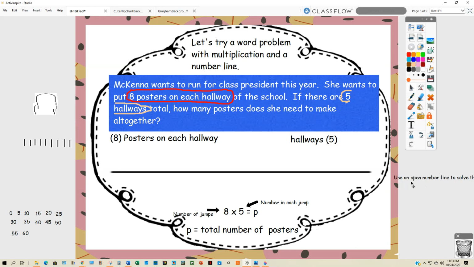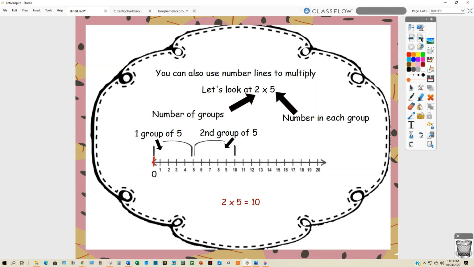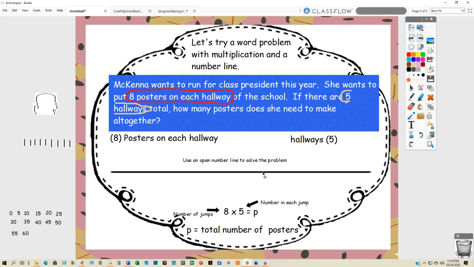Now, I want to use an open number line for this one. If you take a look, there's a difference between this number line and this number line. If you go by the definition of an open number line, that just says there are no numbers on this number line.